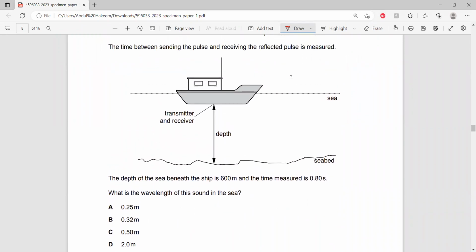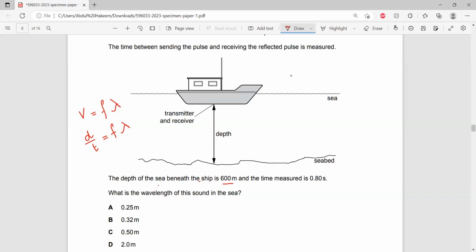Look, V is equal to F lambda. And this V is equal to distance divided by time. The distance divided by time is frequency into lambda. The depth of the sea is given, and the time measured is 0.6.